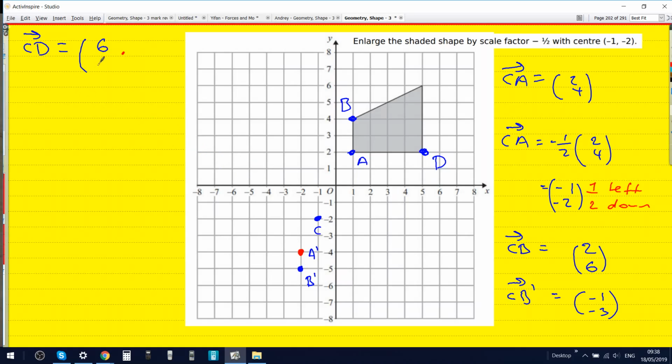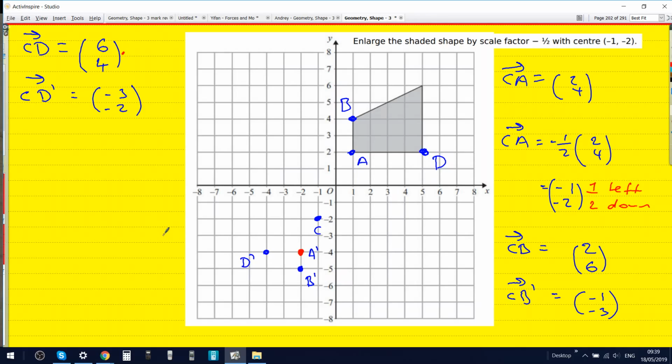Oh, okay. And then times minus a half is -3, -2. Yeah. And then if I go from C, 3 left, 2 down. 3, 1, 2. Yeah.